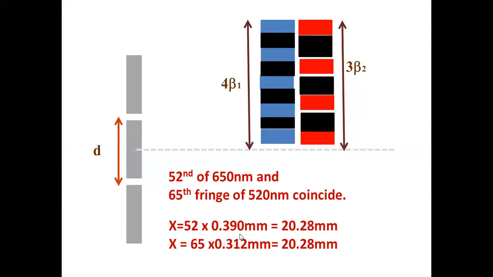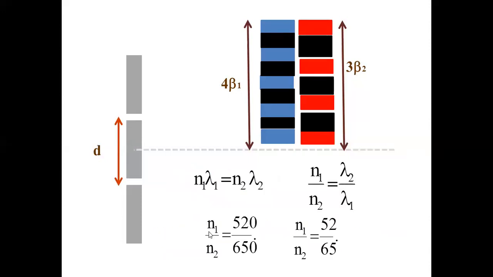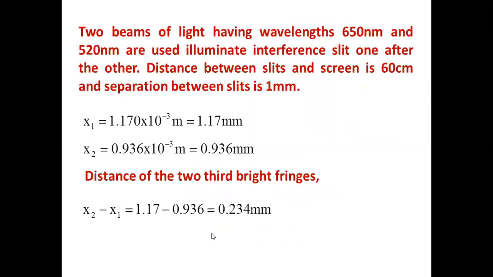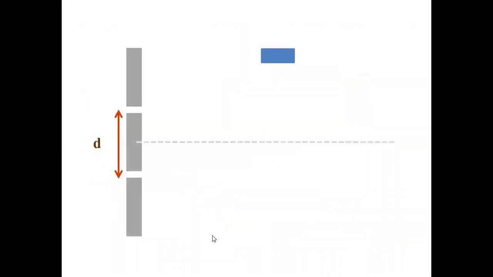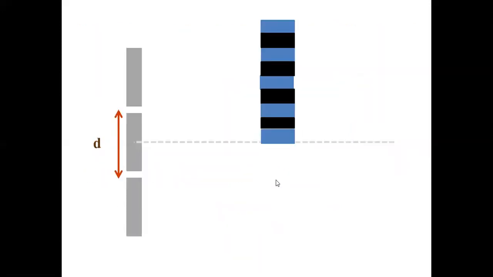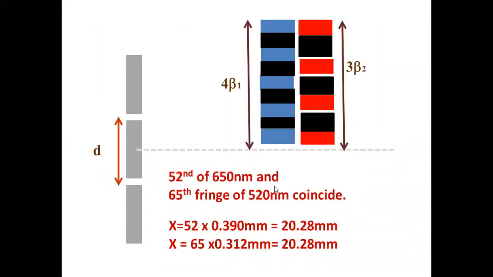Sorry, bright fringe of which one? It is 520 nanometer. When you used 520 nanometer, what beta did you get? Okay, I have to go back. You got 312 micrometers.